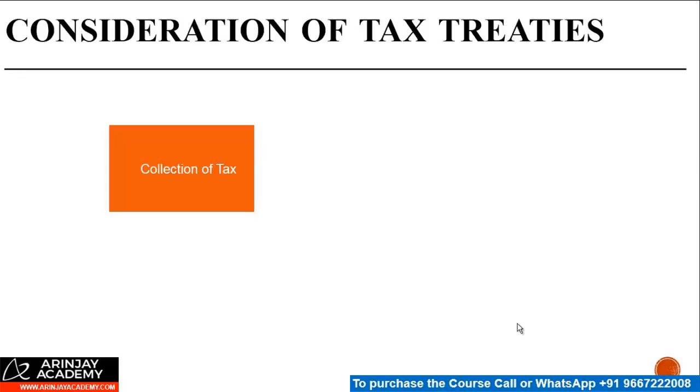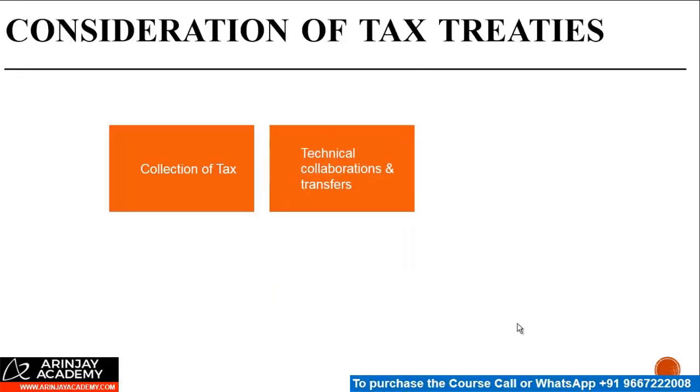It might just be that there is a non-resident who is deriving some income from India. It may not always be possible for the Indian government to collect the taxes from such a non-resident, because such a non-resident may not have any office or any other place of business in India. In such a case, if there is a tax treaty with the country where the non-resident is actually a resident, then by using the treaty mechanism, you can actually collect taxes from such a person.